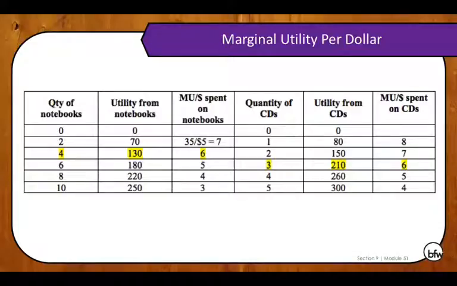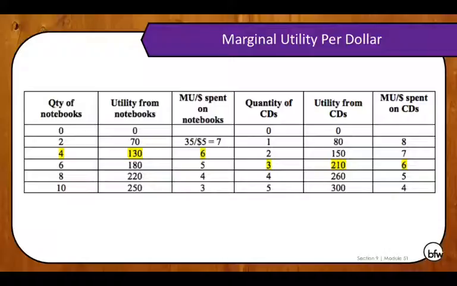So to get marginal utility per dollar, it's the change in total utility divided by X, and to get marginal utility per dollar, we just divide this by the price of X.